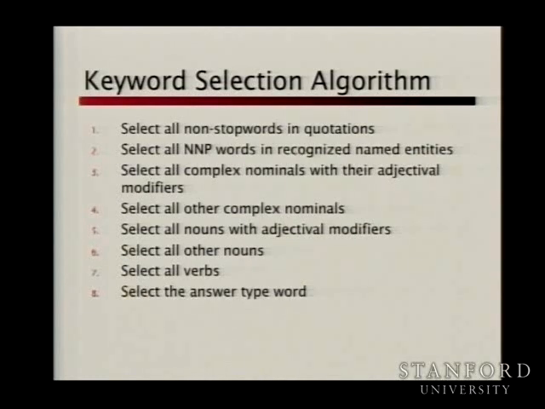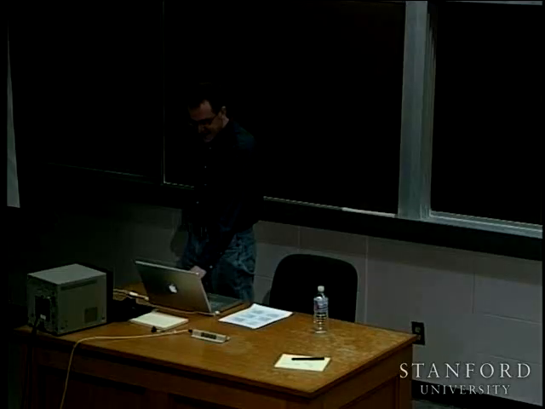The LCC people believe that's a very important part of their system. I've never been 100% convinced of that myself. It's always sort of seemed like somehow you should just be able to globally do one ranking. But anyway, this is the kind of procedure that they use to work out which keywords to send off to the IR system.